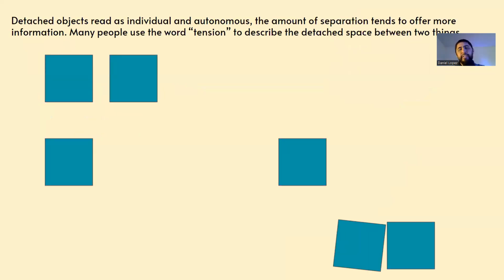Okay, and here are different examples of different types of spacing. These are detached objects, they're autonomous, they exist on their own. And as the second sentence says, there's tension to describe the detached space. Right here, this feels pretty neutral.